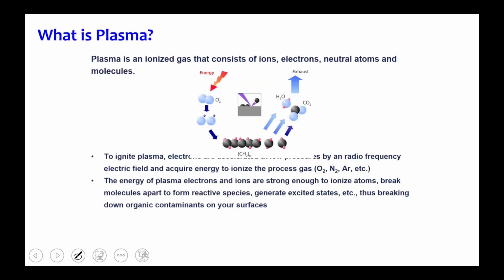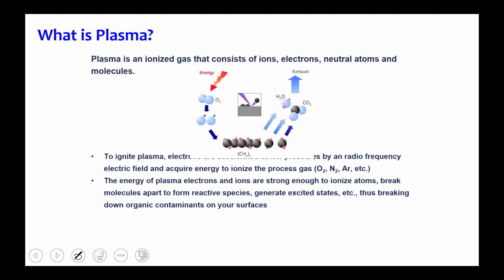So this is the plasma process. What is plasma? Plasma is an ionized gas that consists of ions, electrons, neutral atoms and molecules. If you appear for the UPSC interview and you are from an engineering or chemical background, they may ask you what you mean by plasma.